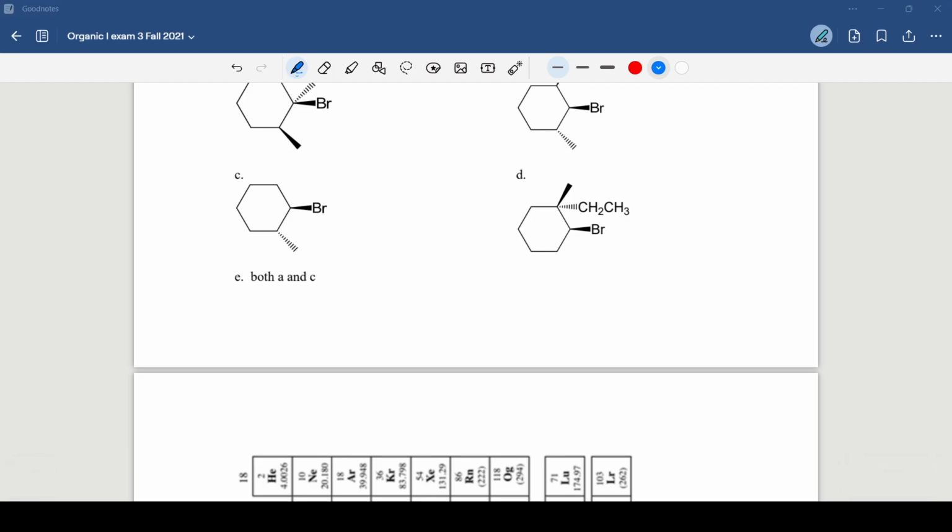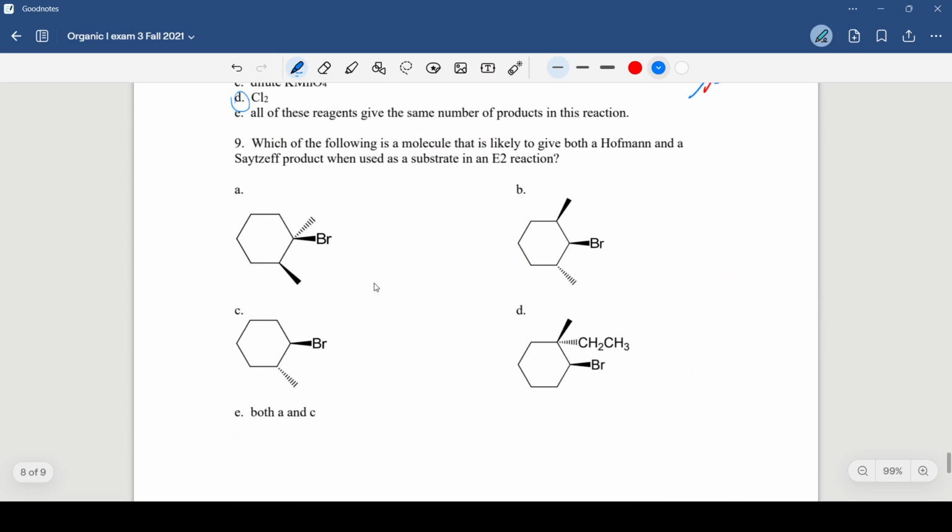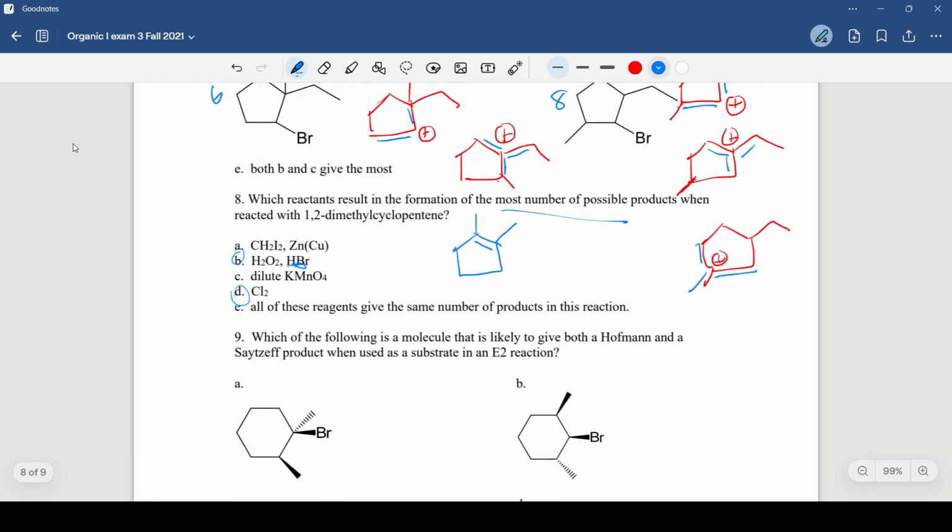It's because there are two methyl groups, one on each side of the alkene. This one's not stereospecific. So B would add either Br here or Br here, so it'd be either this or this, and then it would also be a star.